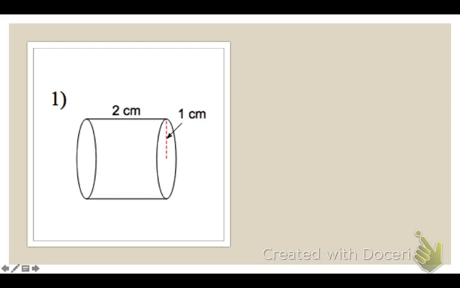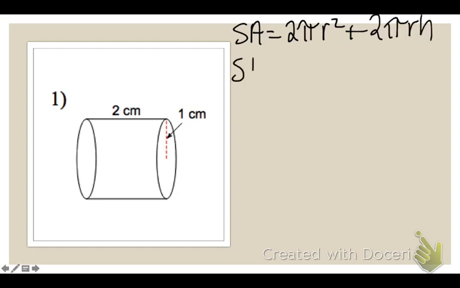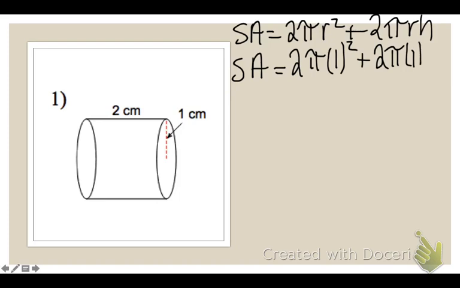All right, so let's do the first one together. Surface area equals 2 pi r squared plus 2 pi r h. So I just substitute in: surface area equals 2 pi, r squared is 1 because that's half the diameter, 1 squared, plus 2 pi and then 1 times 2.